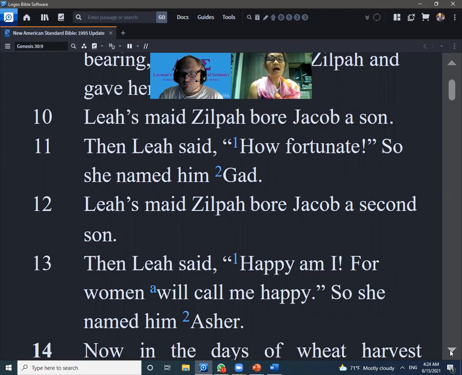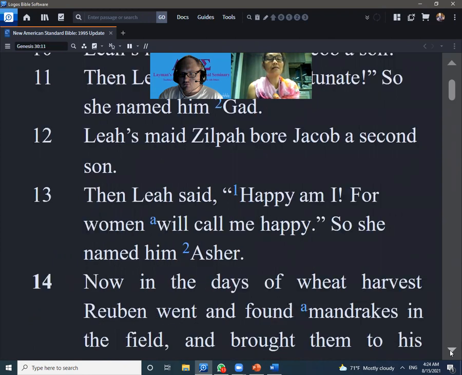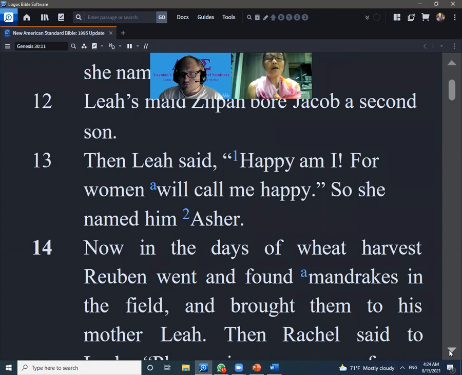Then Leah said, "How fortunate!" So she named him Gad. Leah's maid Zilpah bore Jacob a second son. Then Leah said, "Happy am I, for women will call me happy." So she named him Asher.